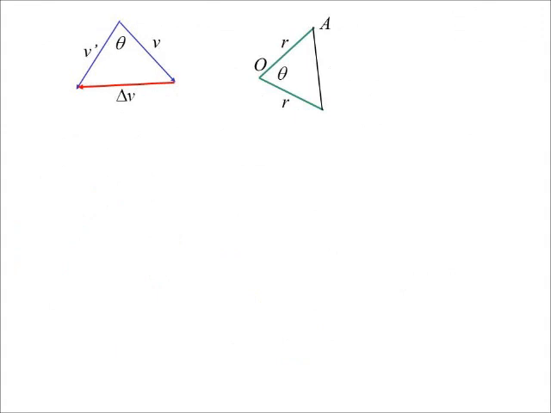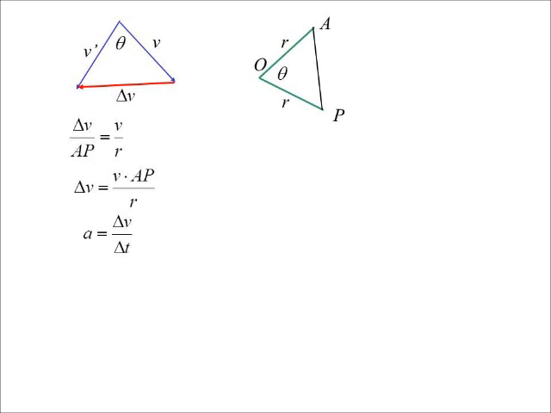If I look at the ratio of the sides in the similar triangles, the size of the change in velocity over the length of that chord AP must equal V over R, whatever those magnitudes are. I'll play around with that and get that the change in velocity will be V times AP over R. Now we know acceleration is the change in velocity over the change in time.